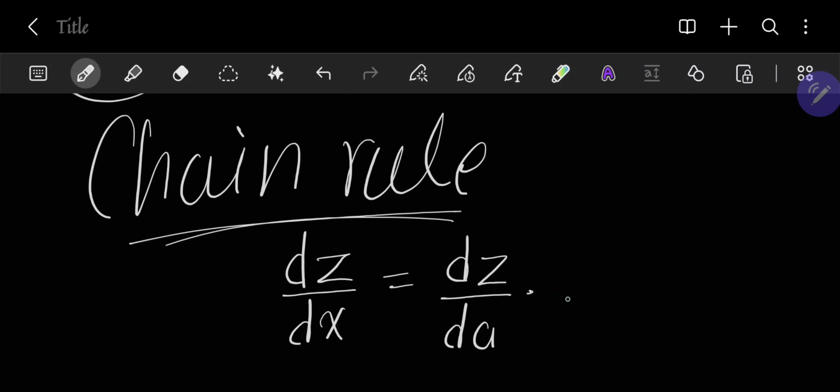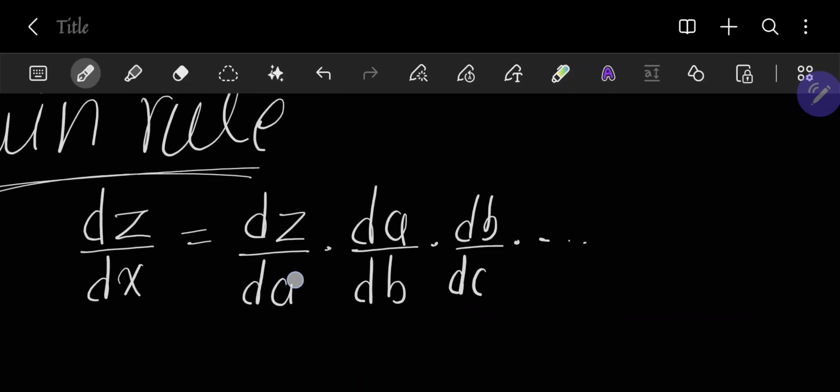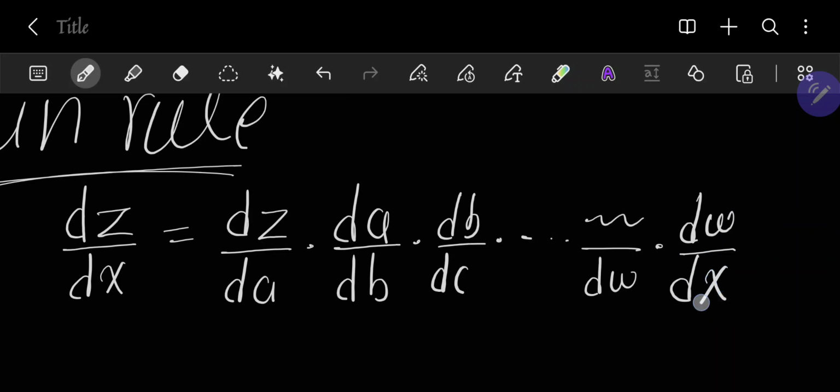And we have to multiply this by another derivative which has dA in the numerator and which might have anything in the denominator, let's say dB. Now, this goes on and on for as many times as you like until you reach something like, let's say, dz/dw times dw/dx.